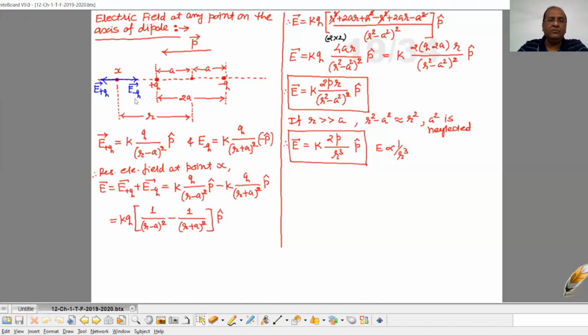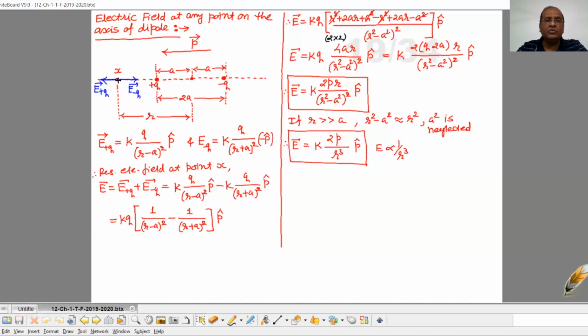Okay. Now E plus q is equal to, as per the equation, kq upon r square. Now the distance of this point with respect to plus q charge: from the center the point is at distance r, and center to plus q is at a distance a.